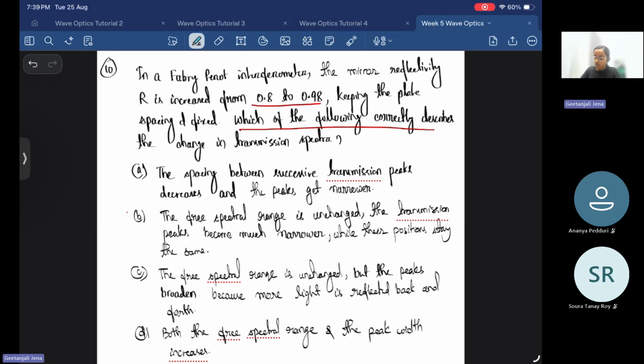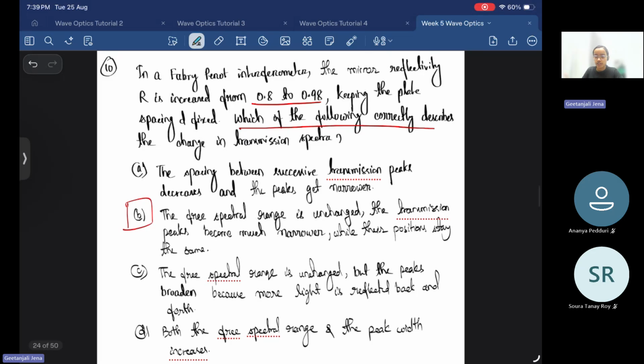Yes, the answer is option B. So the free spectral range, if you recall, is given by 2 pi, and it doesn't depend on the reflectivity of the mirror. So it will remain unchanged.